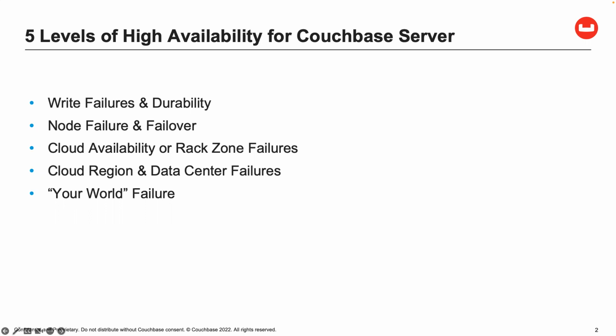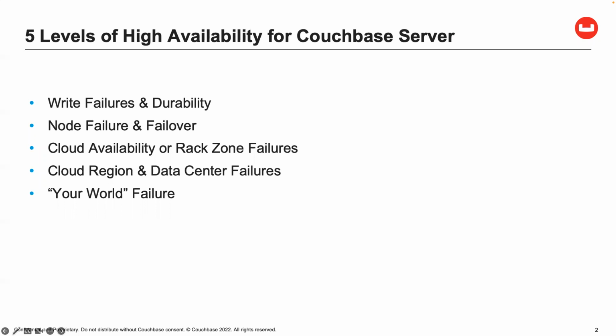And then the second one is about how we handle node failures and failover so that your application can continue to work with and get to all of the data within your cluster, whether it's a planned node outage or unplanned. The third is cloud availability or rack zone availability.